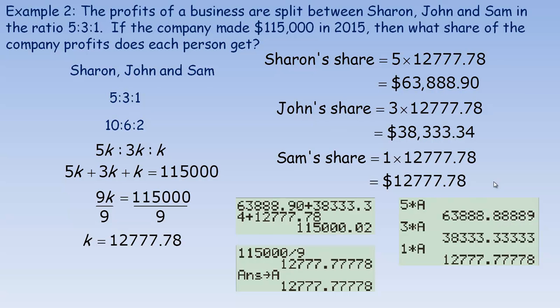So this would actually round to 89 cents. So instead of 90, she should get 89 cents. John's is going to be 33, not 34. And Sam will get $12,777.78, so his was actually okay. So basically, Sharon and John need to get 1 penny less, and it adds up exactly to the right amount.